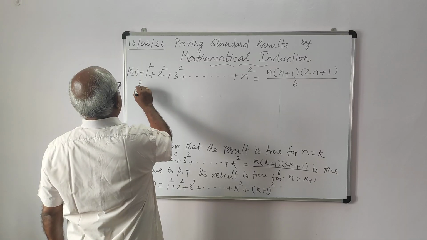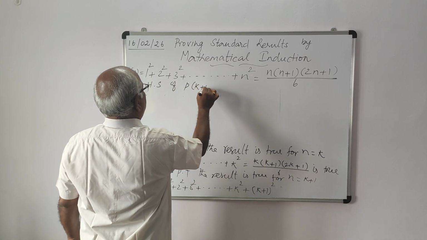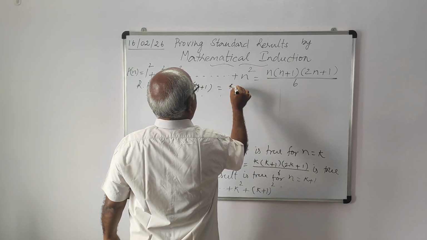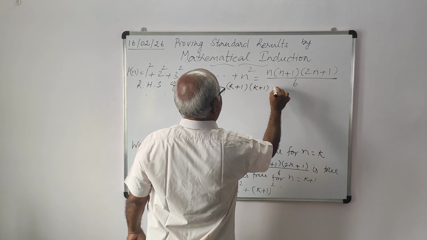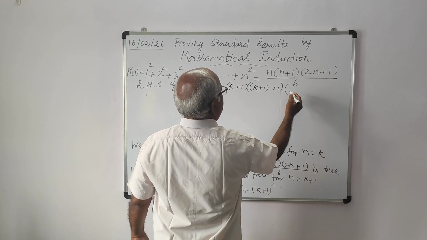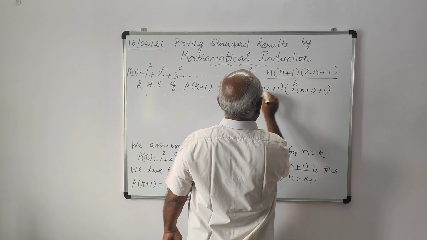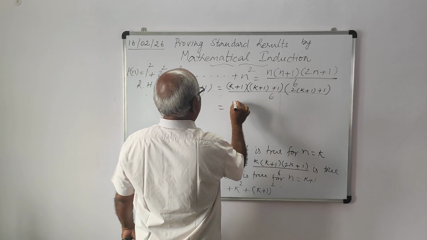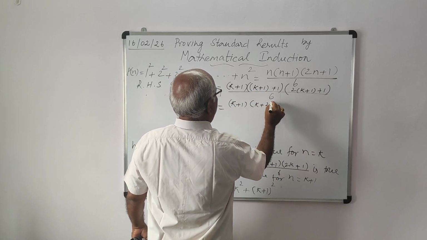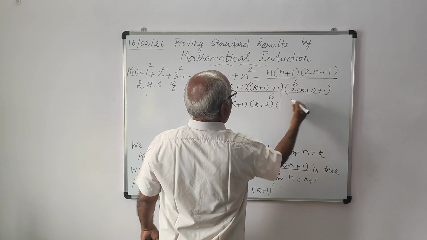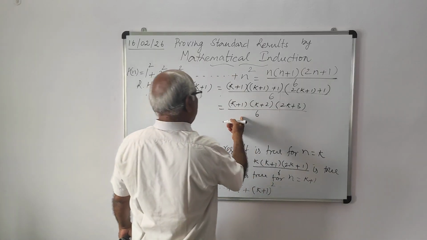The right hand side of P of k plus 1, n equal to k plus 1: k plus 1 into k plus 1 plus 1 into 2 into k plus 1 plus 1 by 6. That is equal to k plus 1 into k plus 2 into 2k plus 3 by 6. This is what we have to prove.